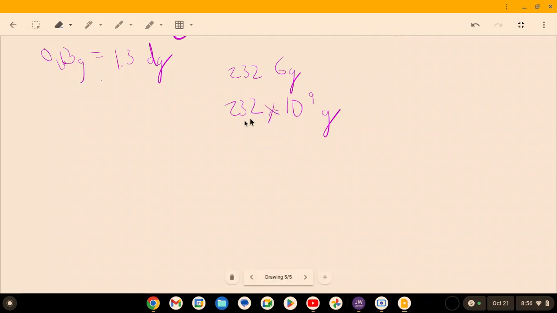And then if I move the decimal place over 2, it'd be like, what, 2.32 times 10 to the 7 grams? Sorry, 10 to the 11 grams. Okay. 5.23 picometers. Pico. 10 to the negative 12.